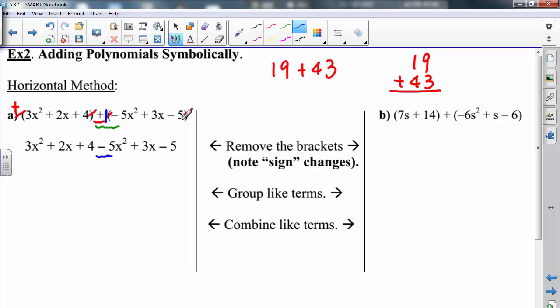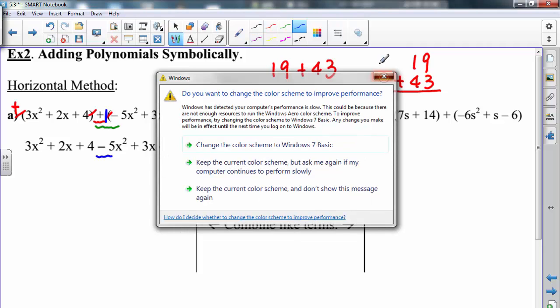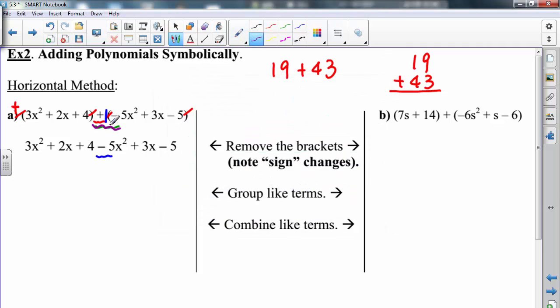Positive 1 times negative 5, it's negative 5. So when you remove the second pair of brackets, just be careful about the sign for these two. Positive, negative, they become negative. Okay, after I remove the pair of brackets, then I have one polynomial.